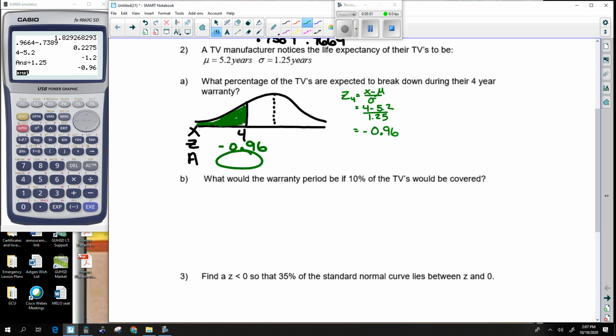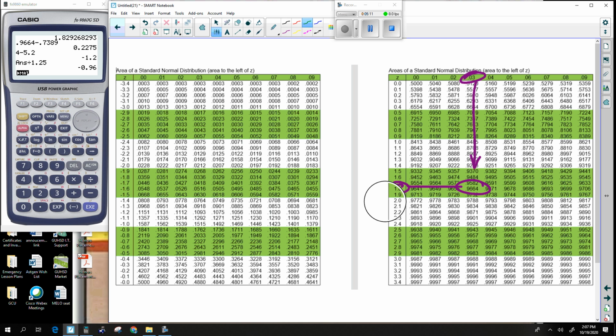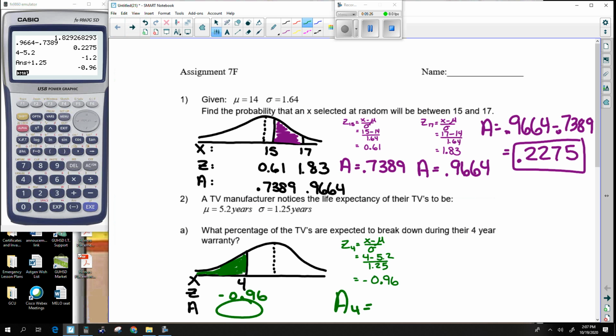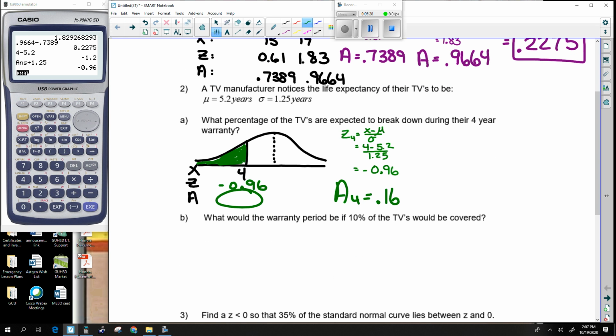And the question is, what is the percentage, aka what is the area to the left of that 4? So I look up negative 0.96. 1685. And that's the area that I wanted. So they'll cover 16% of their product.